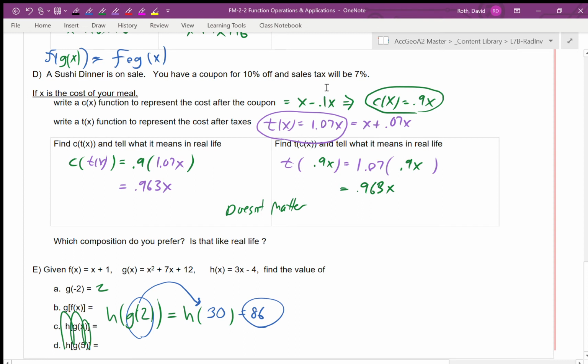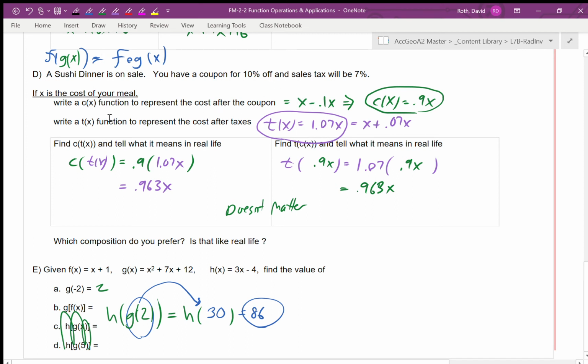The sushi dinner problem. The thing that most students do with these is they like to do both operations at the same time. So the cost after the coupon, they're actually doing taxing at the same time. The way the composition with these is intended to work, the cost C of x function, cost after coupon function, ignore tax.